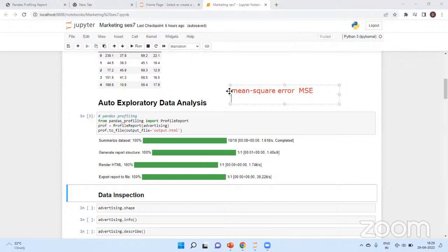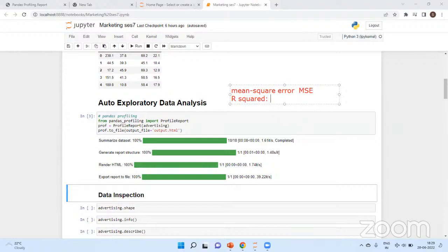Next we have R squared. R squared tells how much variation of the dependent variable is explained by the independent variable.